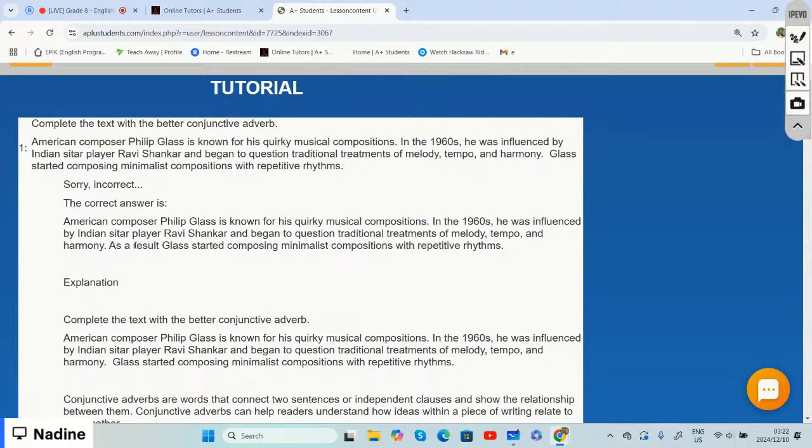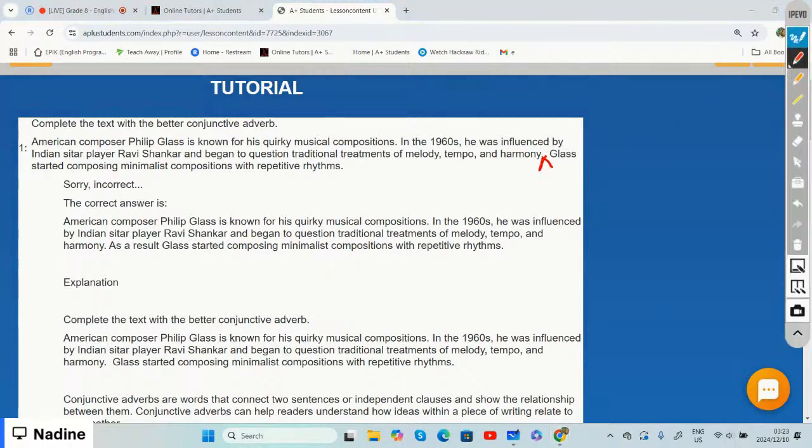In the 1960s, he was influenced by Indian sitar player Ravi Shankar and began to question traditional treatments of melody, tempo, and harmony. Glass started composing minimalist compositions with repetitive rhymes. So here we need to add a word. We need to choose the correct option.